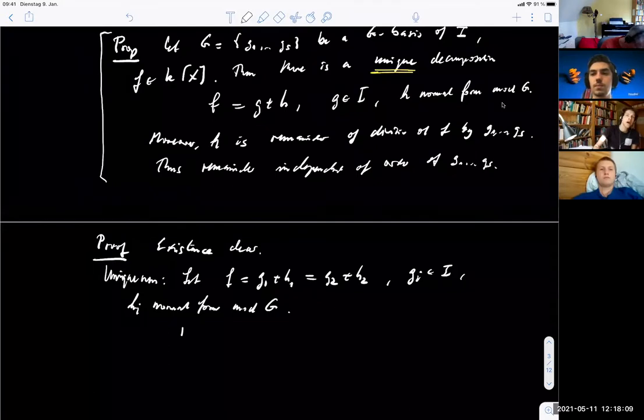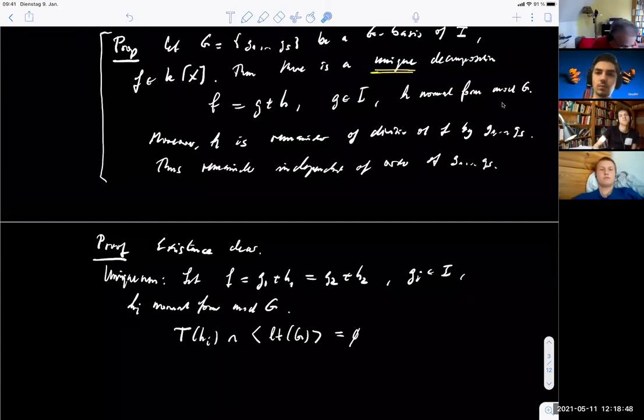Let T of Hi be the set of terms of Hi. Being a normal form means the set of terms of Hi is disjoint from, let me write it this way so it will be general, this notation here, which is just my shorthand for the monomial ideal generated by the leading terms of G1 up to GS.